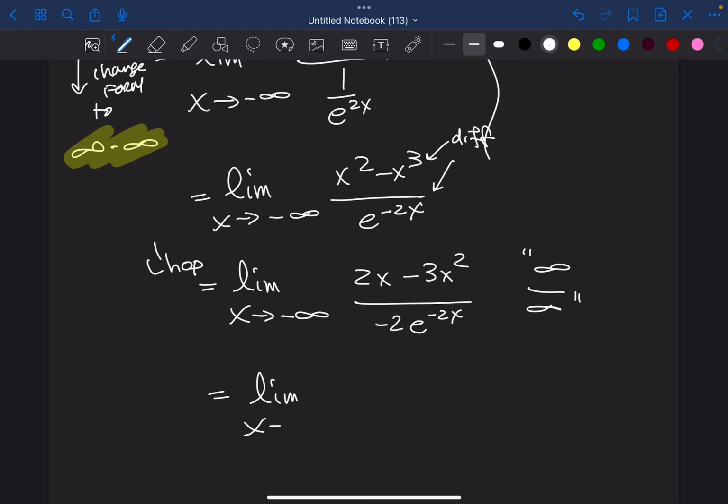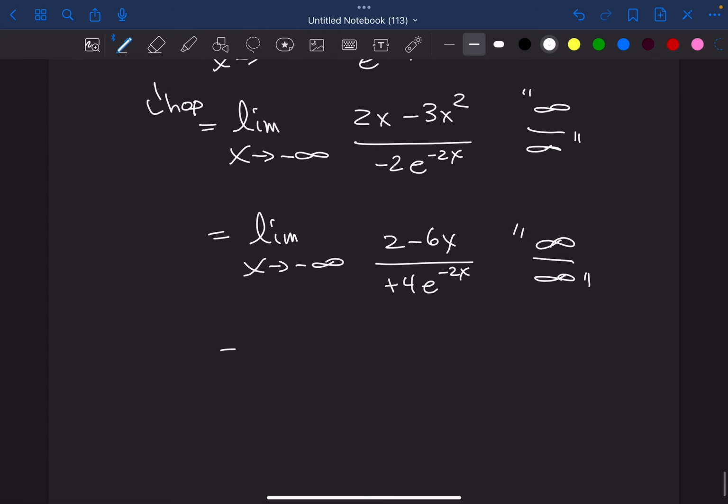When you do, you get 2 minus 6x over positive 4e to the negative 2x. It's still of the form infinity over infinity because this is a ridiculous problem. Taking the derivative once more, on top you get negative 6 over 8e to the negative 2x.